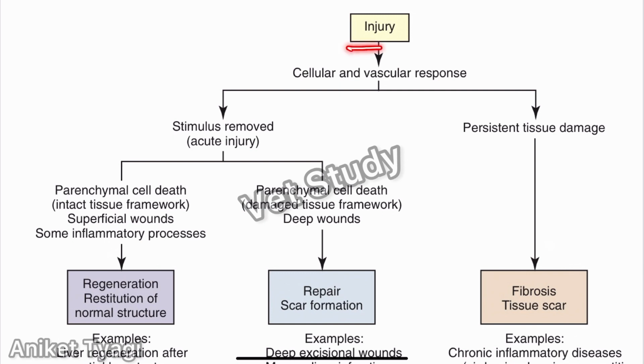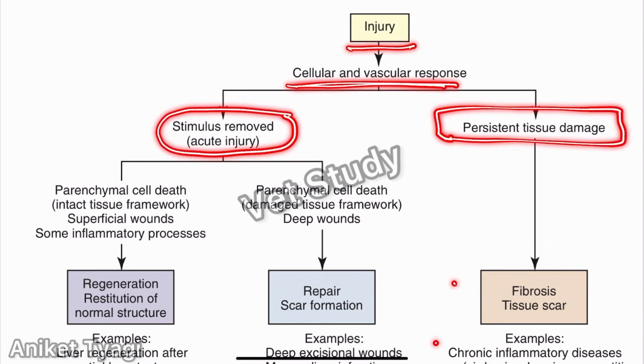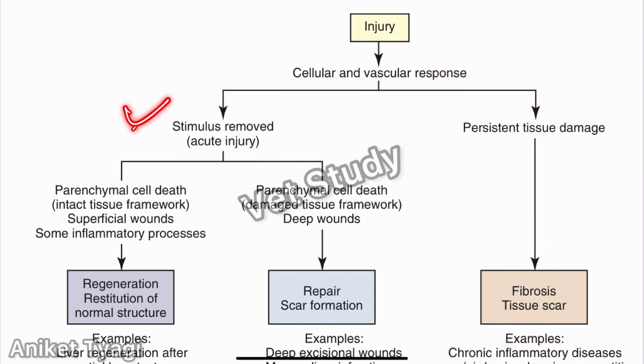So when injury occurs, there is a cellular and vascular response, which we already discussed. When this occurs, there are two conditions. The first is that the stimulus is removed, which is acute injury, or it may persist. When it persists, there will be chronic inflammation, which we'll discuss later. So leave this part. We are discussing just this part.